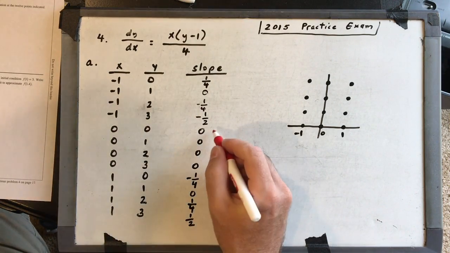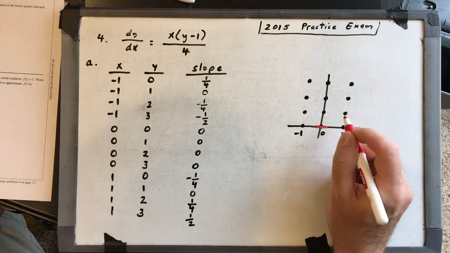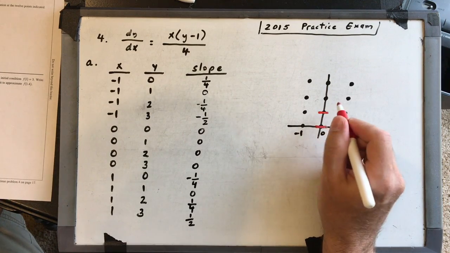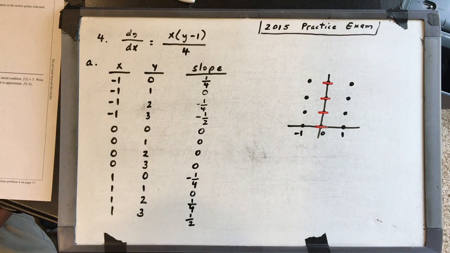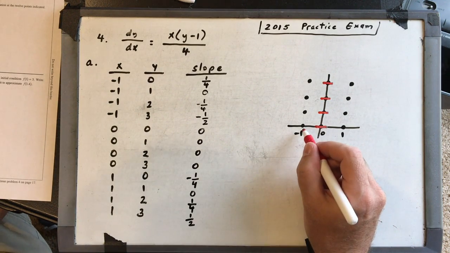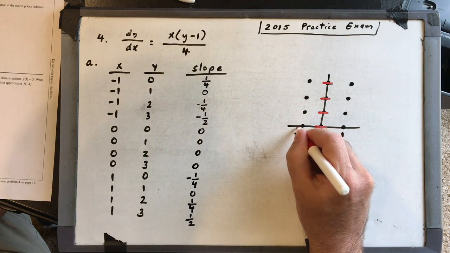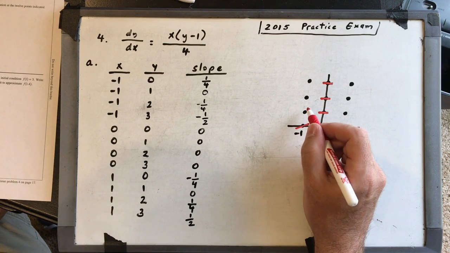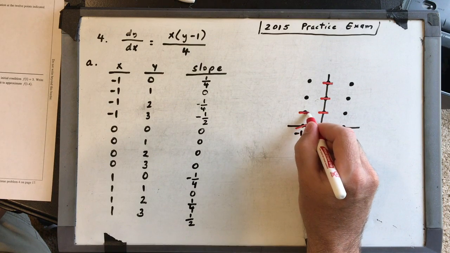So let's get the zeros first. So that's at 0, 0, at 0, 1, 0, 2, and 0, 3. So those are pretty easy. So at -1, 0, we have a slope of 1/4. So that's just a slight rise like that. At -1, 1, we have a slope of 0.